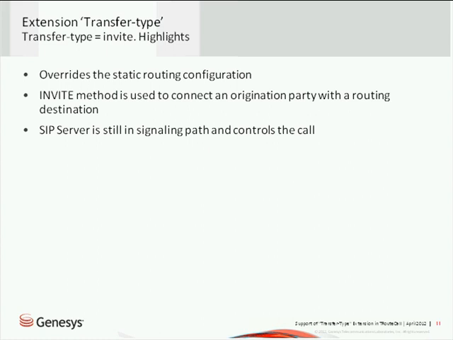Let's start with invite. Like any other value, it overrides the static configuration. It uses the invite method to connect our origination trunk DN with the destination trunk DN, with SIP server staying in the signaling path and controlling the call.